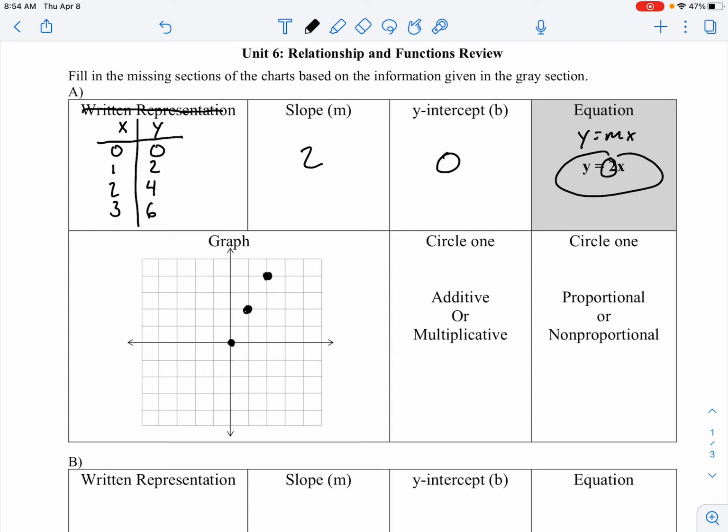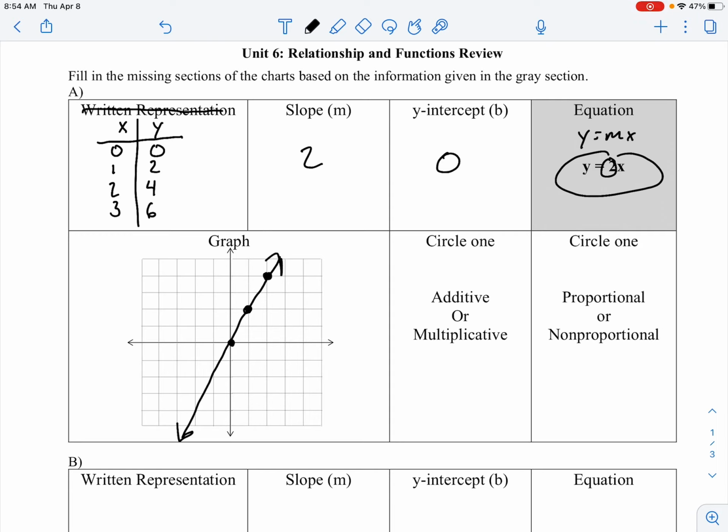We don't have 3 comma 6 on our graph here, but we have enough to create our nice straight line that will cross through the origin.